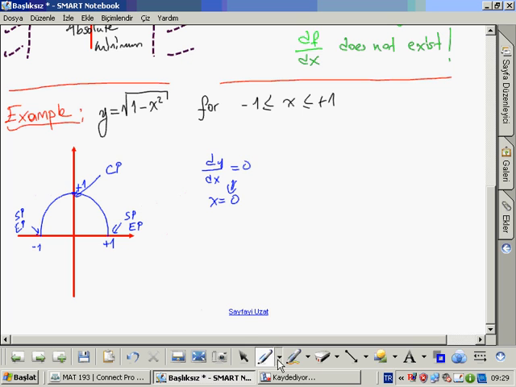This critical point is a local or absolute maximum, and these points are local or absolute minimums.